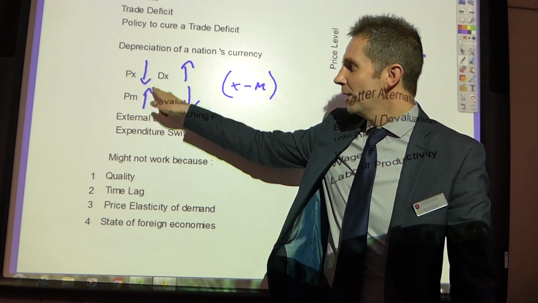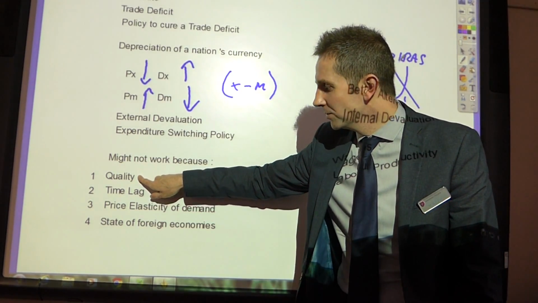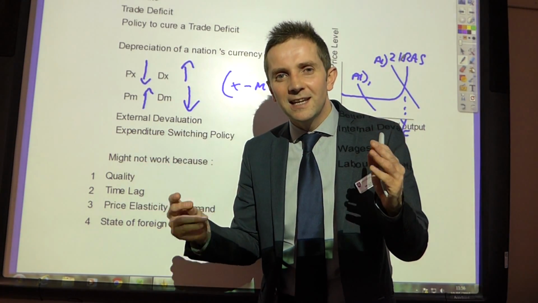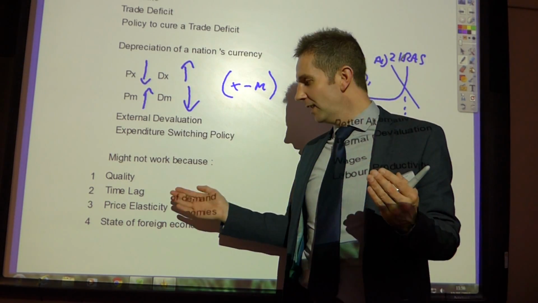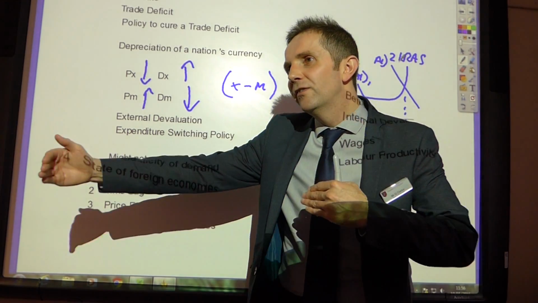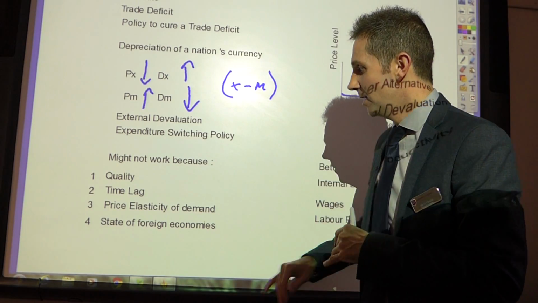Number 1, your export prices might be cheaper, but the quality might be horrendous. Nobody wants them. Number 2, people do not realise instantaneously that the price of the exports has fallen, and so there is a bit of a lag time here with regard to the depreciation of the currency, and it filters through the markets, particularly to the consumers' market.